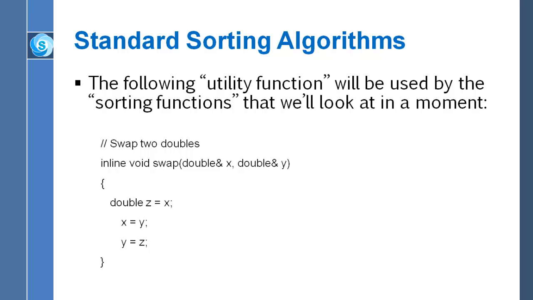For a couple of the algorithms that we're going to study, it'll be handy to have a little swapping function just to simplify things for us. And I should, of course, say that the code I'm going to present is C code.